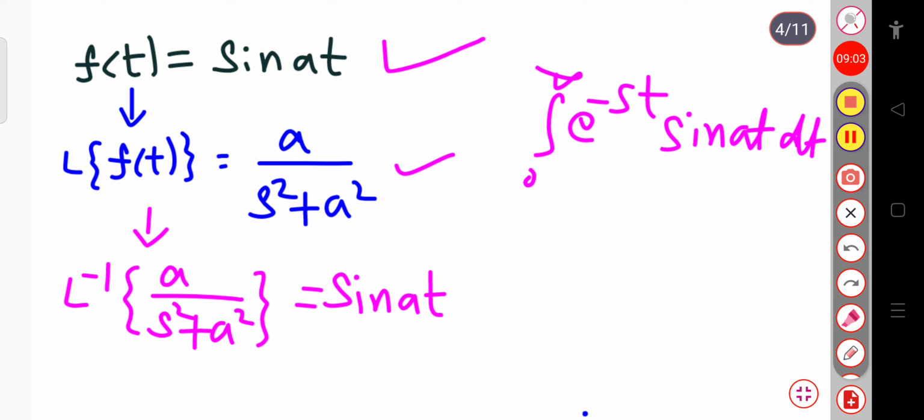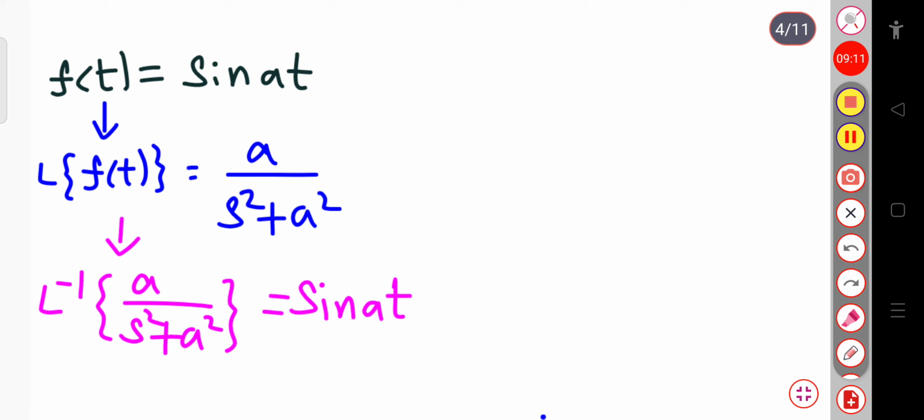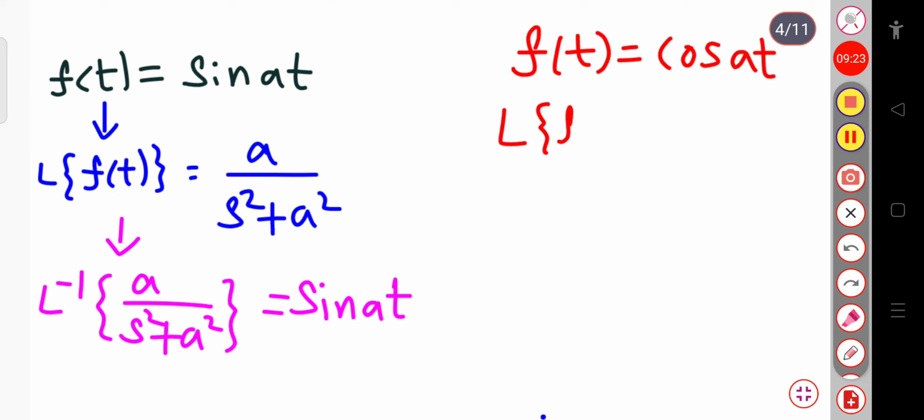And again, if you take the Laplace inverse of a by s square plus a square, this is simply sine at. Similarly, suppose the function is f of t equal to cosine at. Then the Laplace transform of f of t is s divided by s square plus a square.